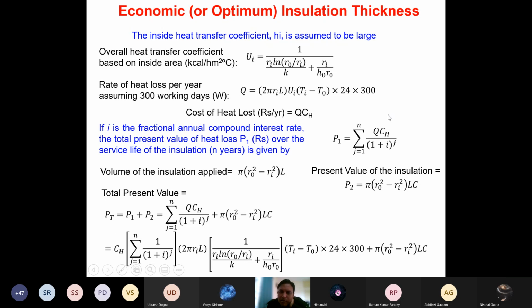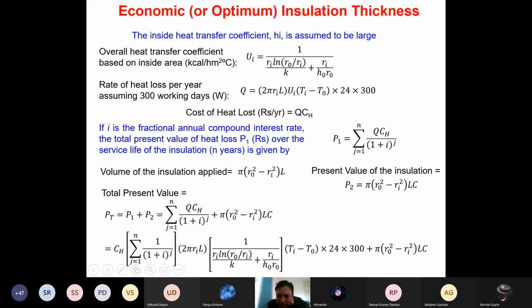So total cost is given by this first factor, QCH summation over J equals 1 to N of QCH divided by (1 plus I) raised to the power J, plus pi times this second factor as it is, isn't it? And then here for Q we are putting the original expression, and in this original expression we are putting U by this particular expression.